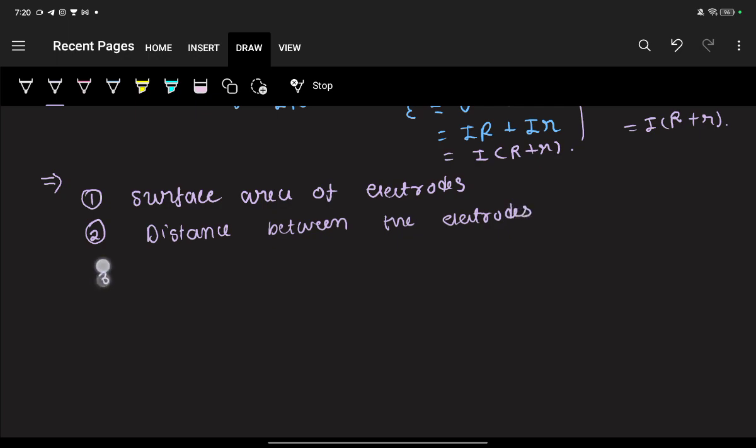Third one is the nature and concentration of the electrolyte. Fourth one is the temperature of electrolyte.